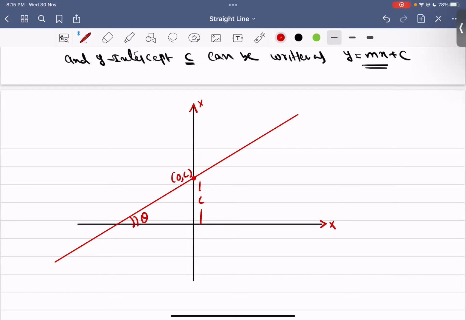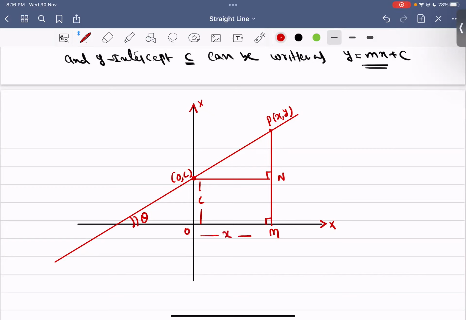Now take any point P(x, y) on the line. From this point P(x, y), drop the perpendicular on the x-axis, call the foot M. Next, from the point (0, c), drop the perpendicular on this line, call it Q, and the point on the line N. This angle is 90 degrees, this angle is also 90 degrees, this is the origin.